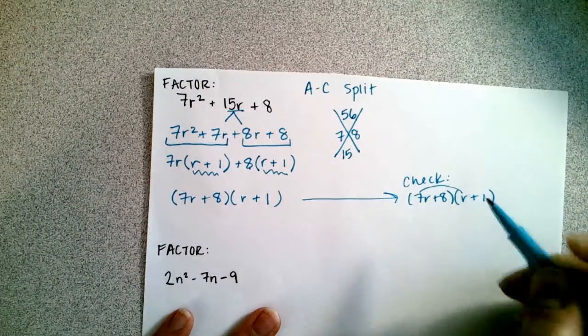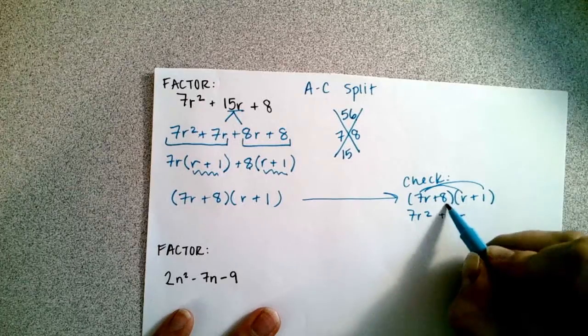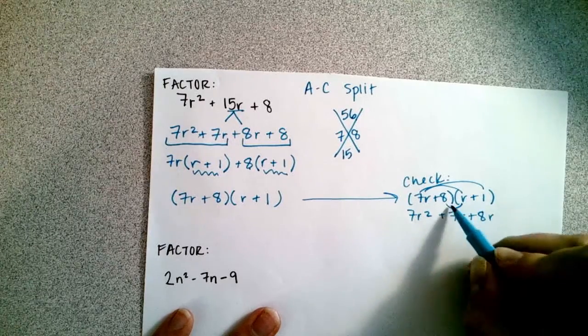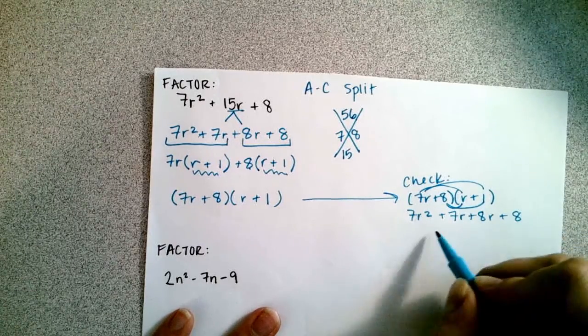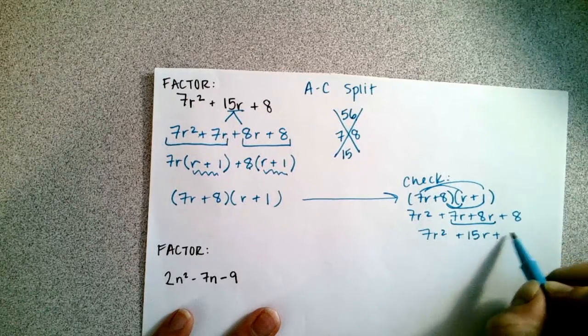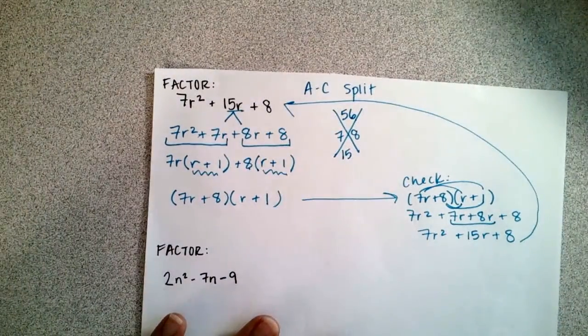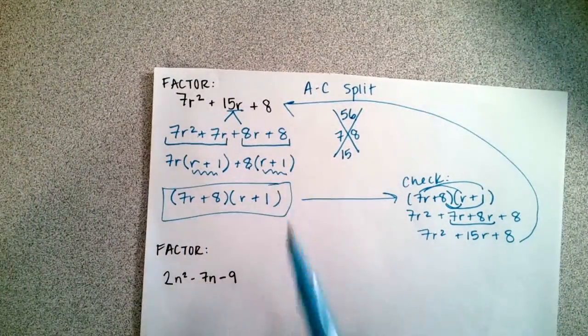So if you multiply this, you get 7r squared plus 7r plus 8r plus 8, and combining like terms here, you do get back to what we started with. So this is our answer in factored form.